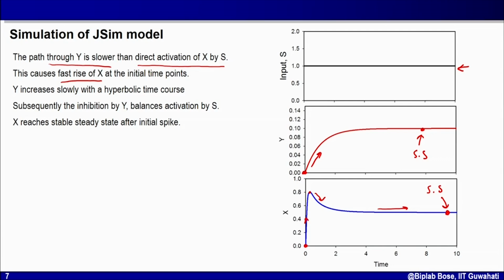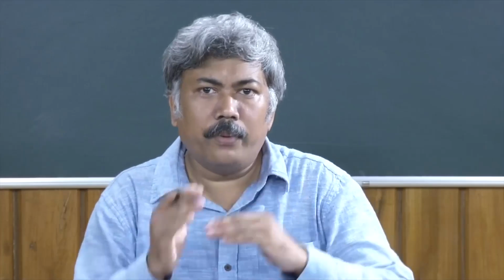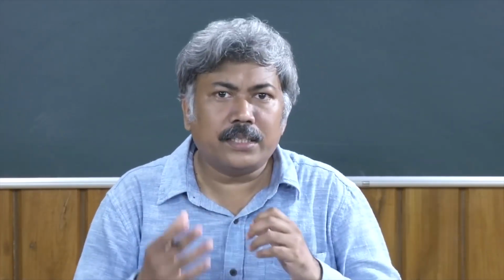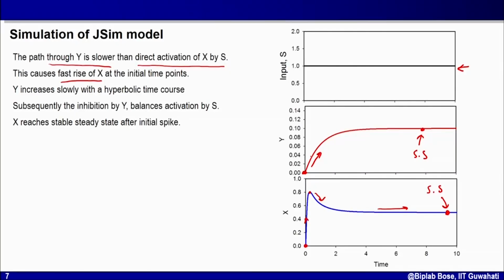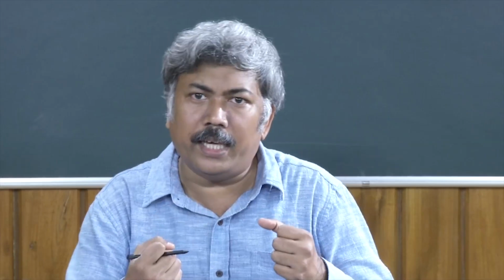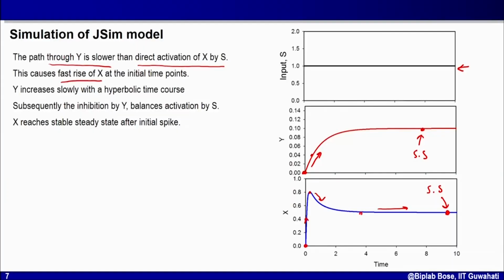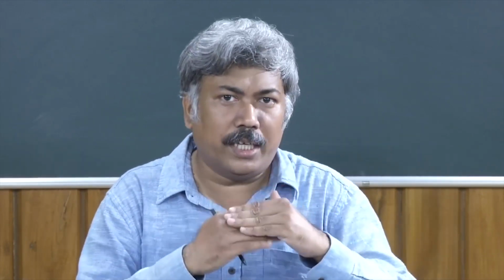But then y increases slowly and it catches up the progress of x and then it starts inactivating x. So once it reaches this peak and y reaches here, y starts becoming dominant, and it tries to inactivate or pull down x, and eventually it reaches a steady state where the effect of s on x for activation and the inactivating effect of y balance each other, and I get a steady state of x.